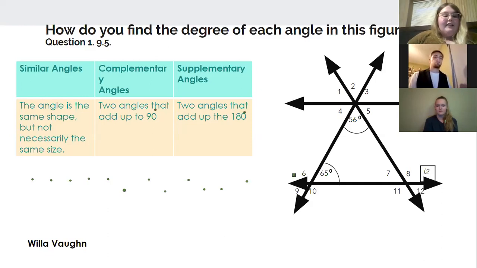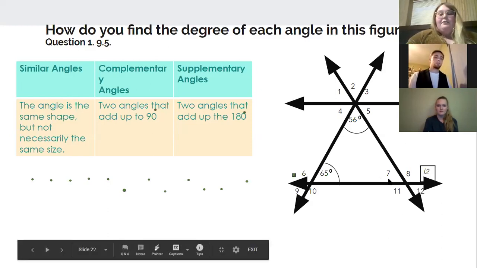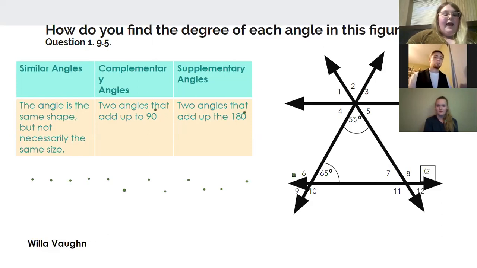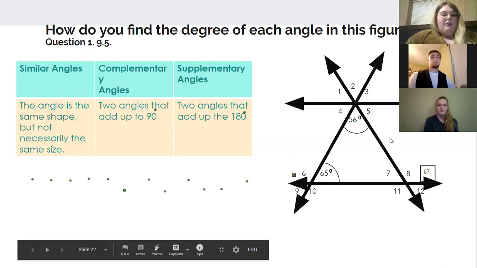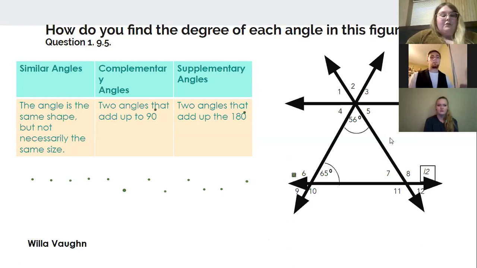So angle 7 is going to be 59 degrees. Angle 7 and angle 1 are corresponding, so they're equal. Angle 1 is 59, angle 7 is 59, because they're going to be equal to each other.